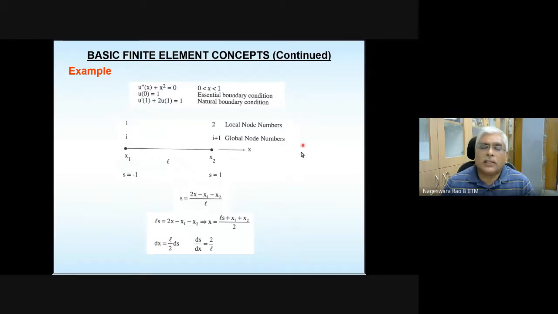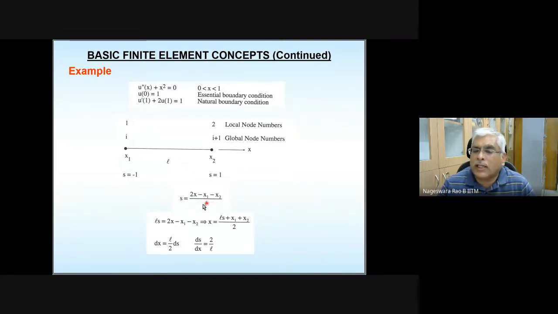Any other questions? So is it clear, this mapping, how this equation is obtained? It should be very clear to you. This equation is coming from linear interpolation. Linear interpolation is nothing but the equation of a straight line joining 2 points x1, y1, x2, y2: y minus y1 is equal to y2 minus y1 divided by x2 minus x1 multiplied by x minus x1.